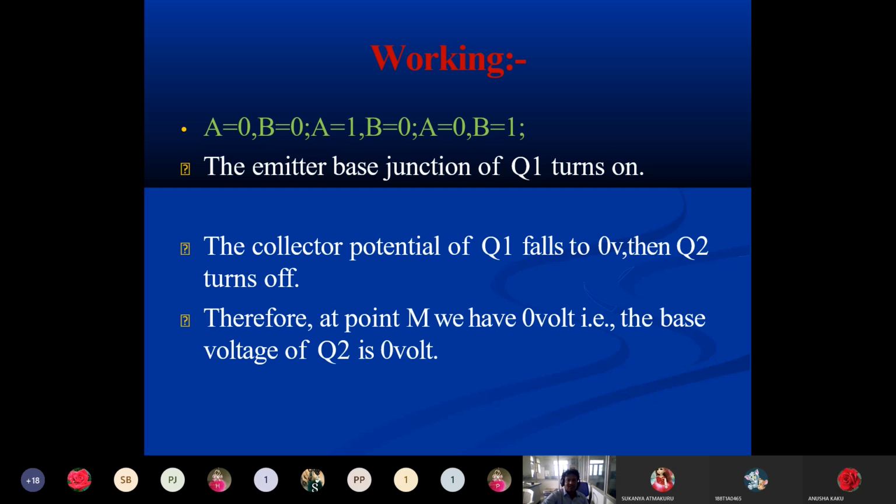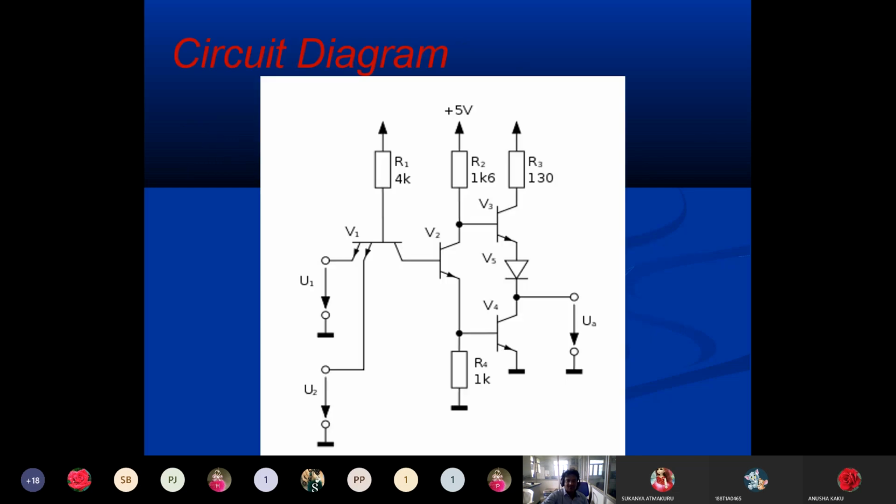In these combinations the emitter base junction of Q1 turns on. So the collector potential of Q1 falls to 0 volts, then Q2 turns off. So we will see this in the diagram.